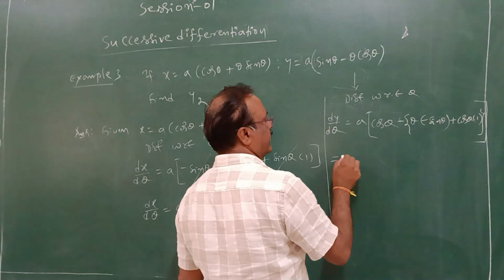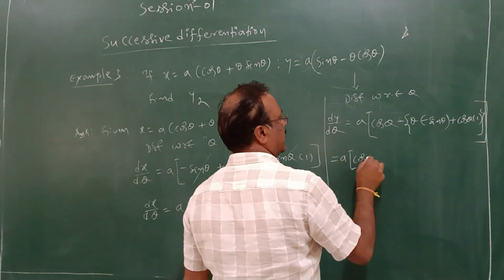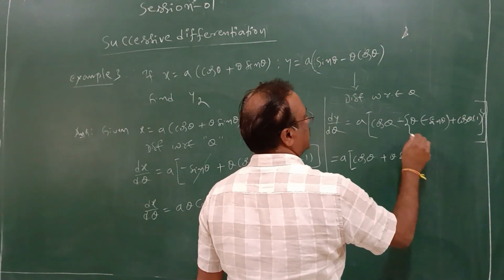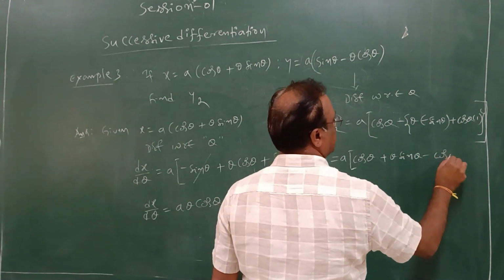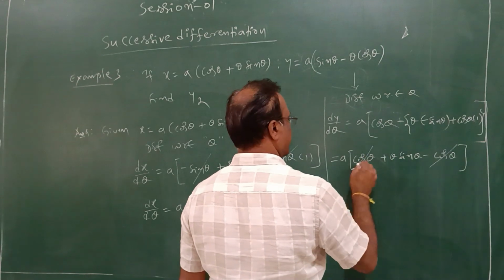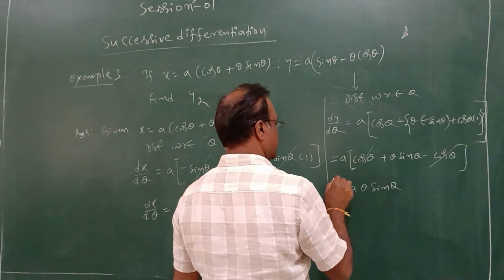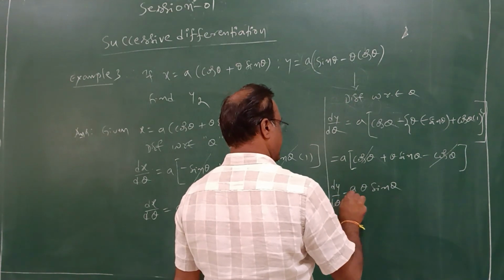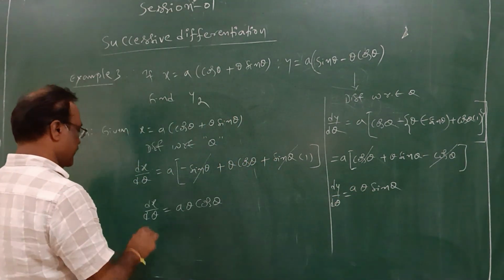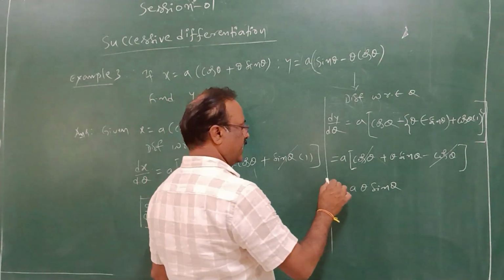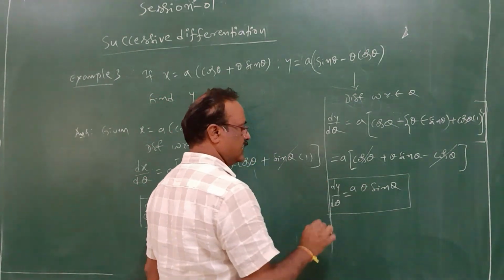Now let us simplify: a into cos theta, open the bracket, minus plus theta sin theta, plus minus cos theta. After simplification we get a theta sin theta. This is dy by d theta. Actually dx by d theta is a theta cos theta, and dy by d theta is a theta sin theta.